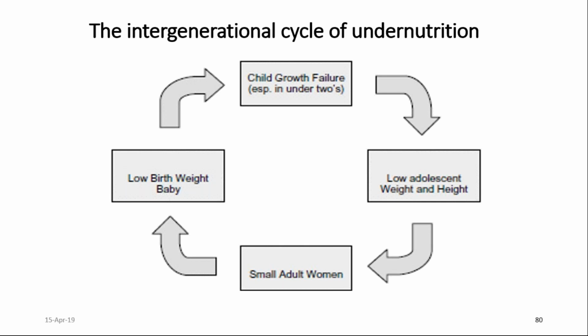An underweight, stunted, wasted young individual will always give birth to a low birth weight baby. It has been noticed in several studies that when an adolescent has low weight and height, a very small adult woman gives birth to low birth weight babies, which in turn will grow into children who are stunted or wasted. So this is an intergenerational cycle of undernutrition.